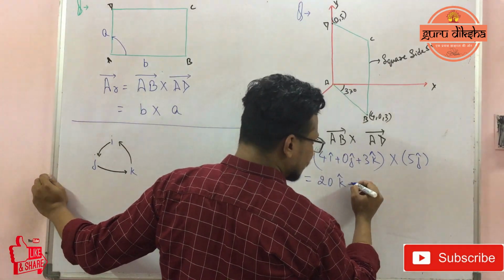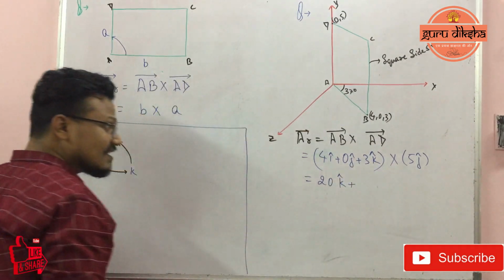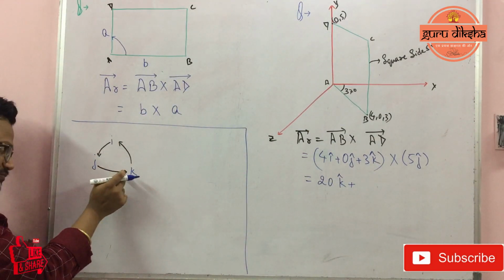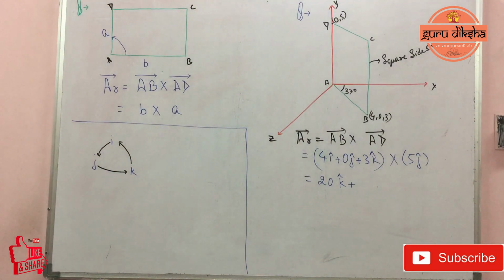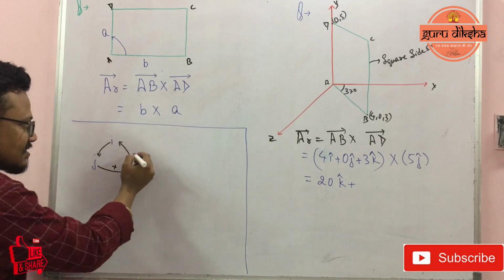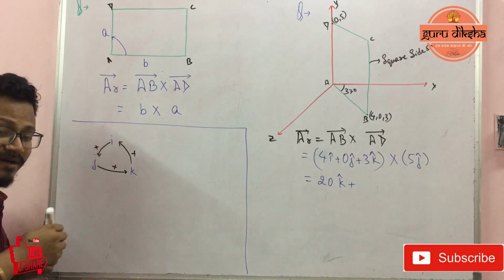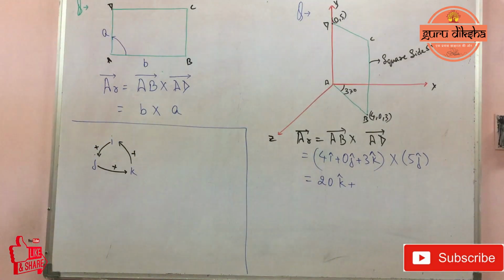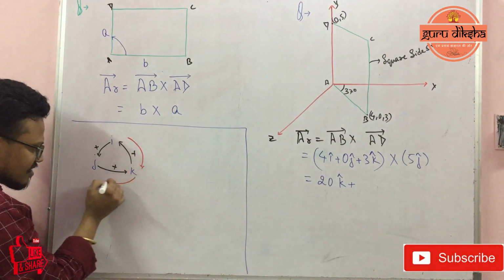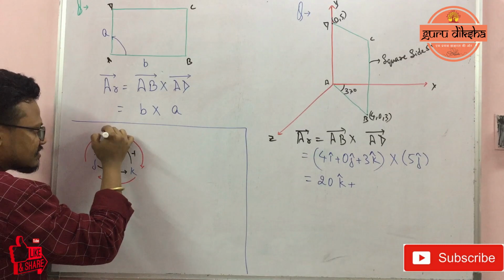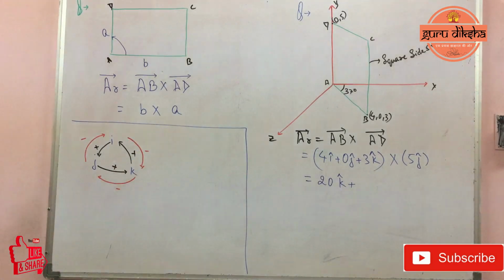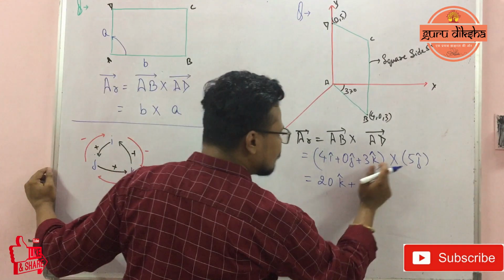Then what happens here? Plus k cross j. If you are moving in the same direction, then plus sign will come. If you are moving in the opposite direction, it will become minus. See now, what exactly happened? 5 threes are 15.